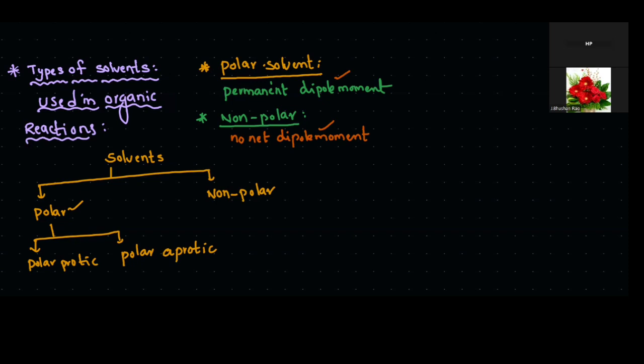First, we will discuss polar protic solvents. What are the conditions for polar protic solvents? Polar protic solvents also form a permanent dipole moment, so they are polar in nature.